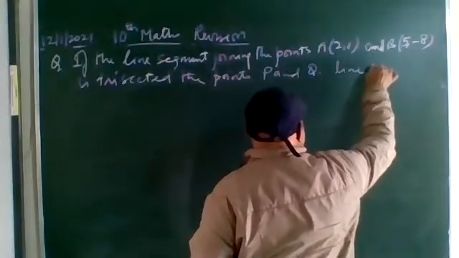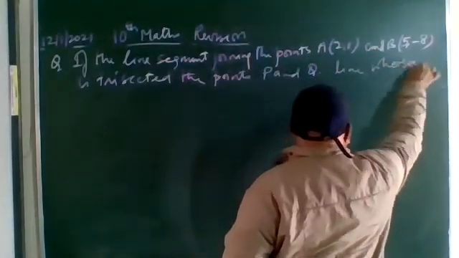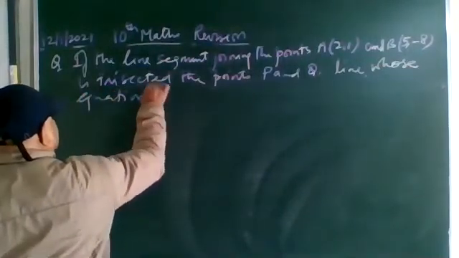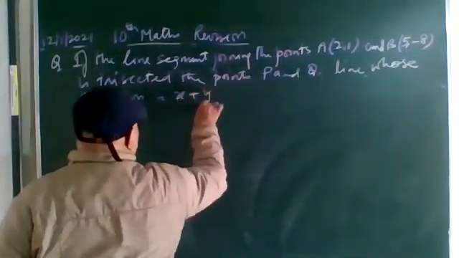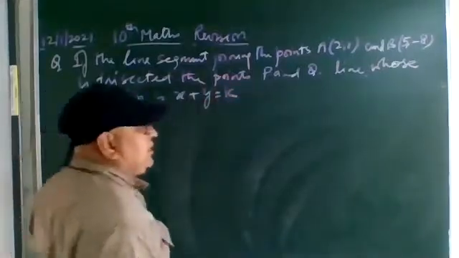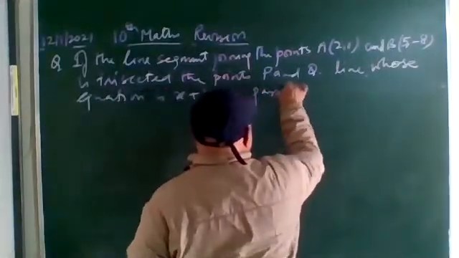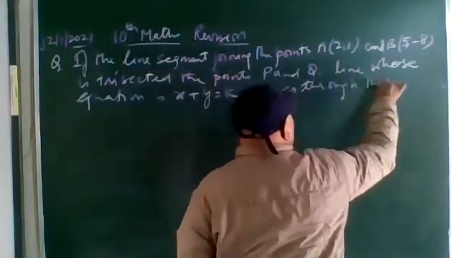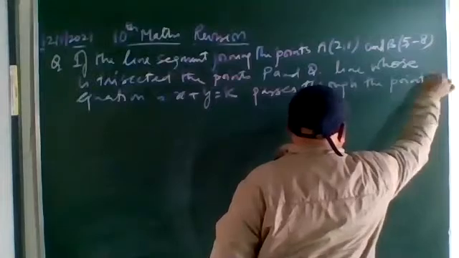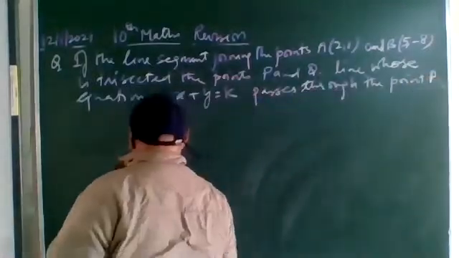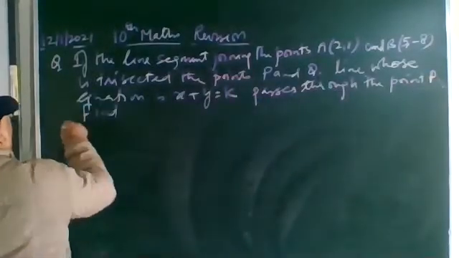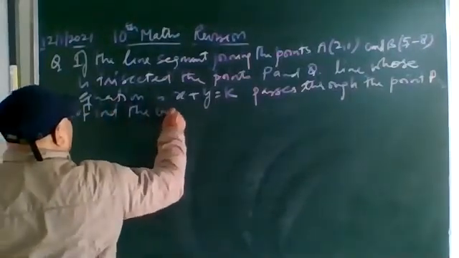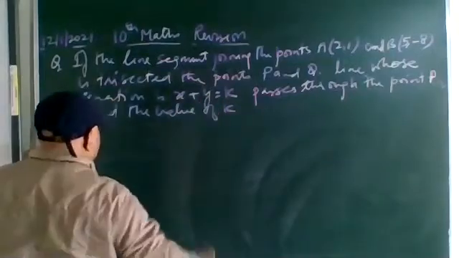Now the line whose equation is x plus y equals k passes through the point P. Also find the value of k.